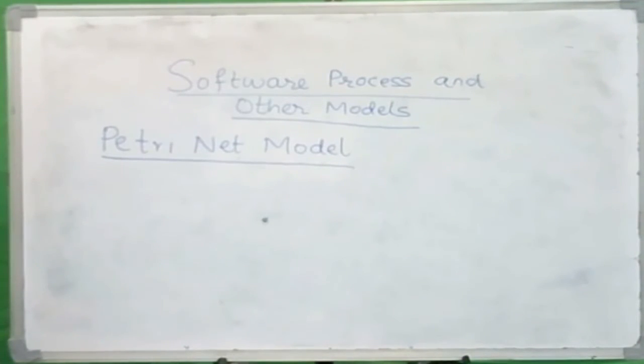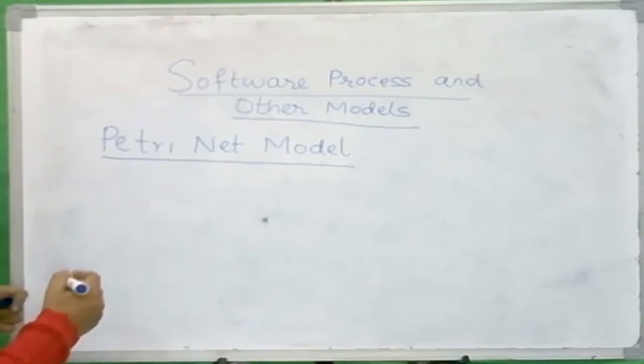An event node or a horizontal line represents an event that can happen or fire when all the requirements are met, that is, tokens in all the condition nodes are present. Tokens are then placed at all the conditions that follow the event. Petri net models are useful for analysis and can be used for the verification of protocols.